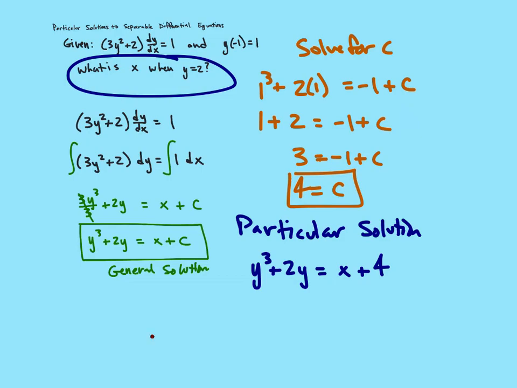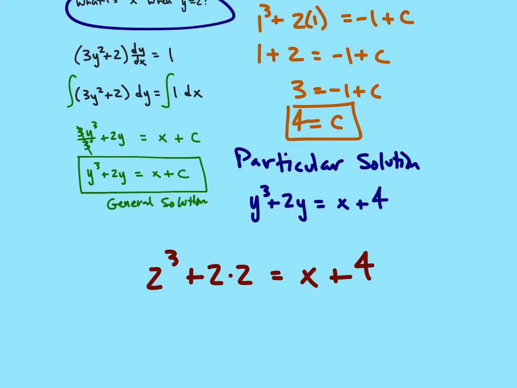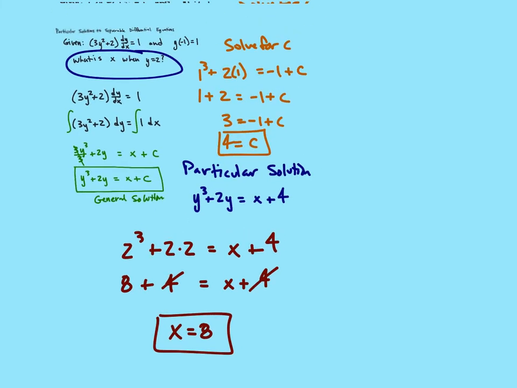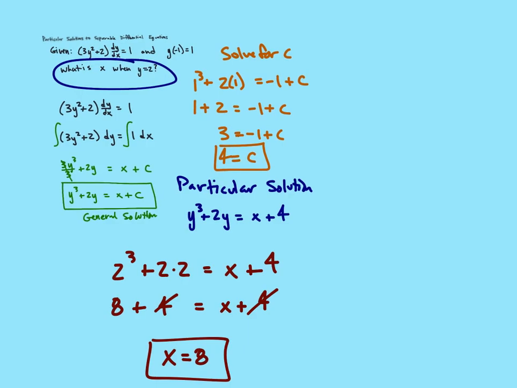And so we're going to get 2 cubed plus 2 times 2 is equal to x plus 4. So now 2 cubed is 8 plus 2 times 2 is 4 is equal to x plus 4. From here, your 4's can cancel out. If you subtract 4 on both sides, you get that x is equal to 8. And that is how we do things like that with differential equations.